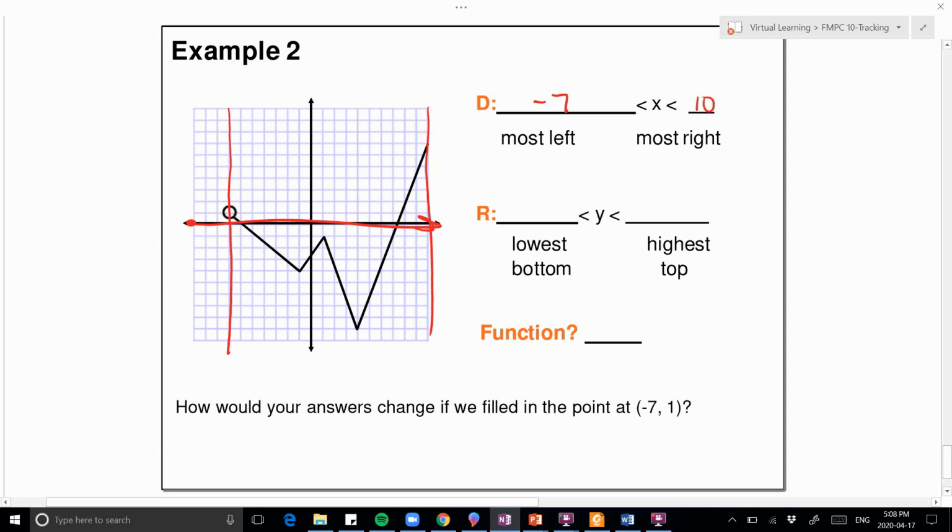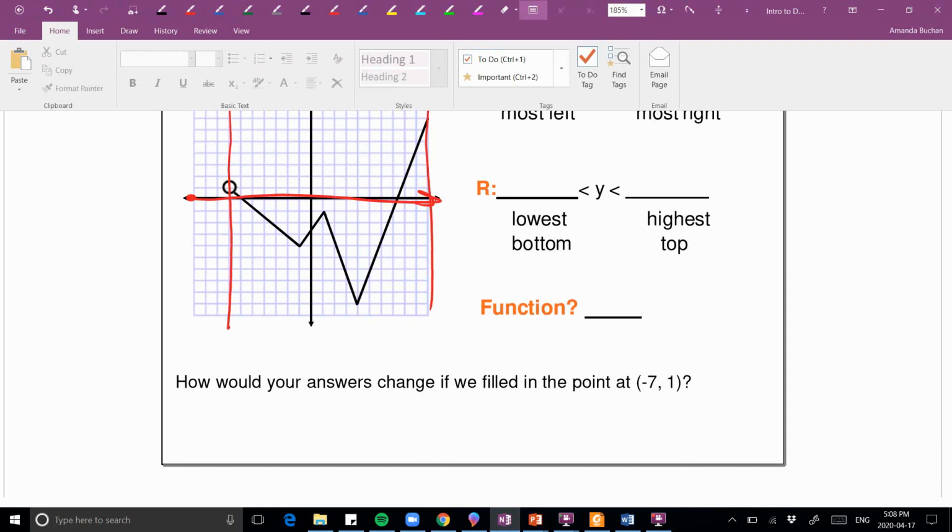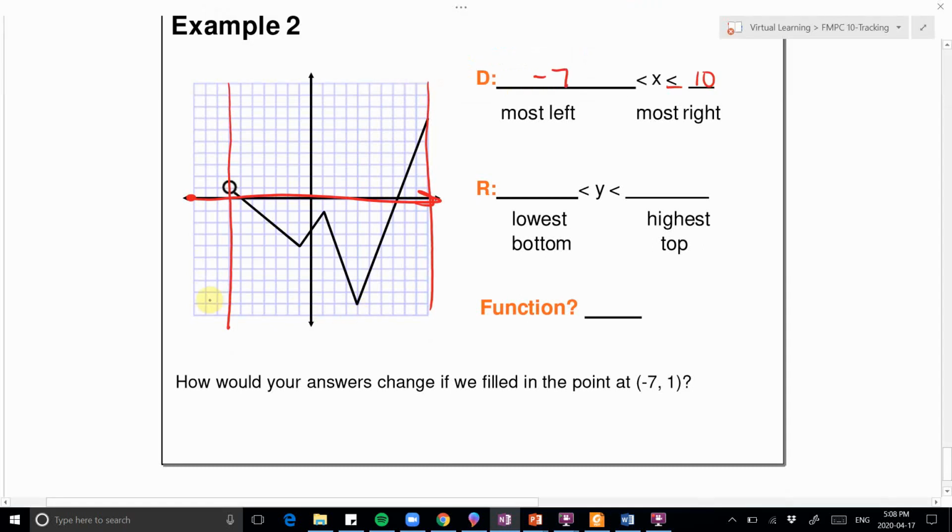And that goes right up into that point, so we're going to include that. And for the range, we go from the bottom of our graph right there to the highest point on our graph up there. So I got 1, 2, 3, 4, 5, 6, 7, 8, 9, negative 9. And that touches at negative 9, so it's a part of my data set. And we're going to go all the way up to 1, 2, 3, 4, 5, 6, 7. Once again, it touches that point, so it's part of my data set.